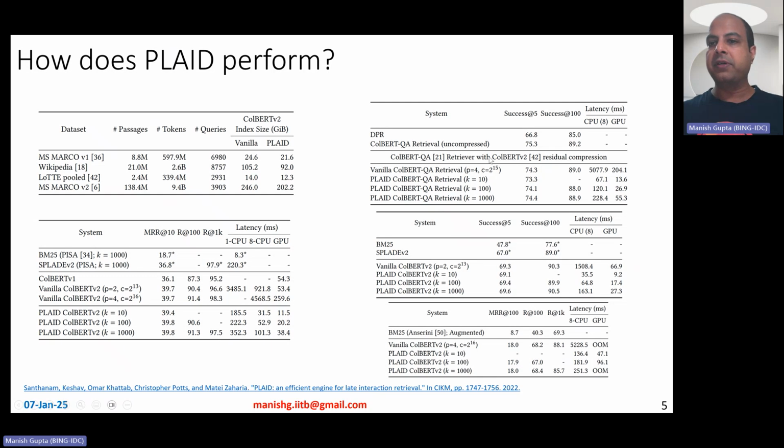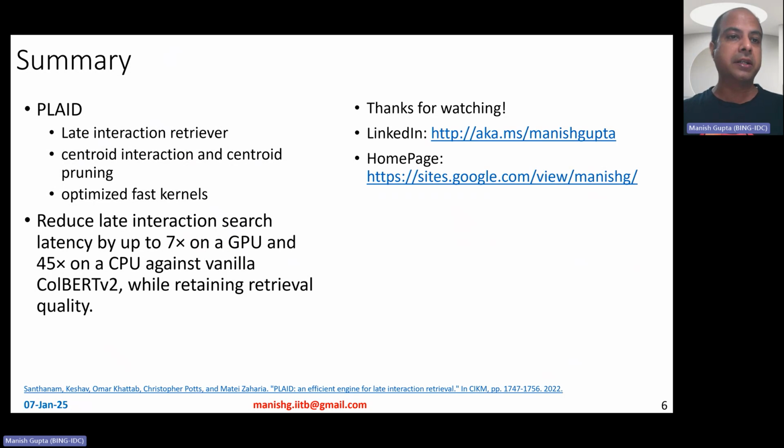Similarly, if you compare it with other methods, you would observe that typically the latencies for ColBERT V2 are significantly lower, while the accuracy metrics are better than most of the baseline systems and comparable with ColBERT V2 itself. Okay. So that's about PLAID. Essentially, you get comparable accuracy with ColBERT V2, but much better latencies.